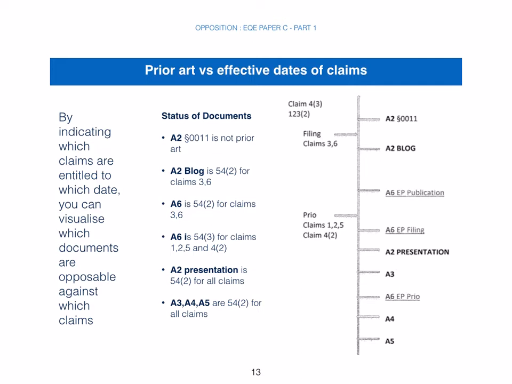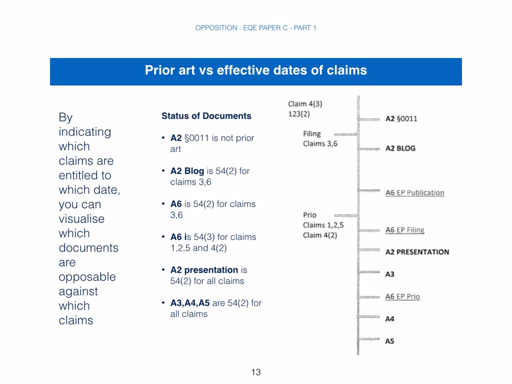The first point I note is that A2 paragraph 11 had a publication date later than the filing date of the opposed patent. Therefore, it's not prior art, and that paragraph of A2 cannot be used. Then I noticed that the A2 blog has a publication date between the filing date and the priority date. So the A2 blog is 54.2 prior art for claim 3 and for claim 6.